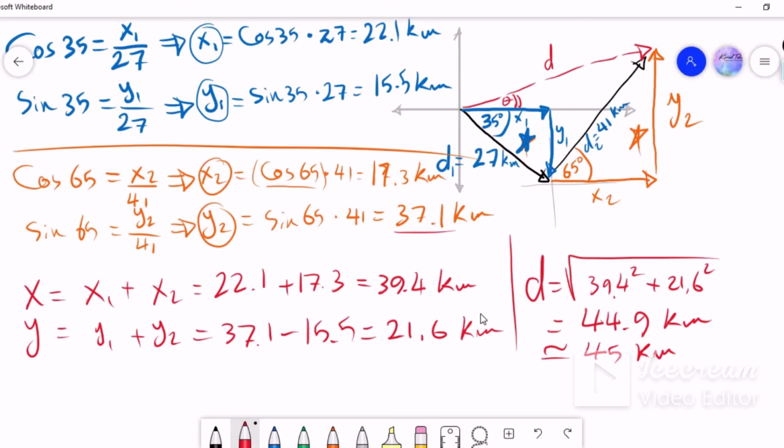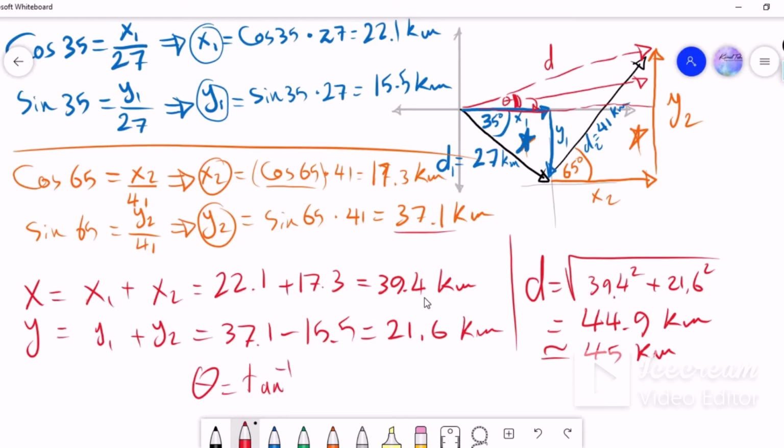Now what about direction? Be careful also with the direction for this triangle here. Can you see that? That is the triangle, and that is the direction. It is very important to understand where is the opposite and where is the adjacent. Here y will be the opposite, and the adjacent here is x. Now let's find theta. Theta equals tan negative 1 of opposite divided by adjacent.